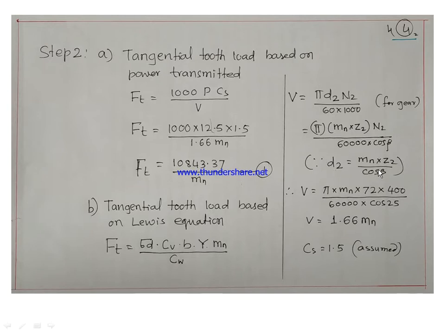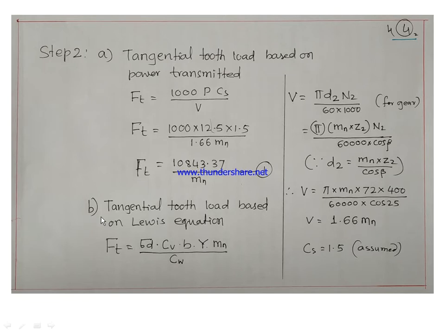For d2 equal to m into z2 divided by cos beta. So by substituting the values, you get v equal to 1.66 times the normal module. And substitute that here and simplify this, you will get Ft equal to 10843.37 divided by mn. Let it be equation 1.